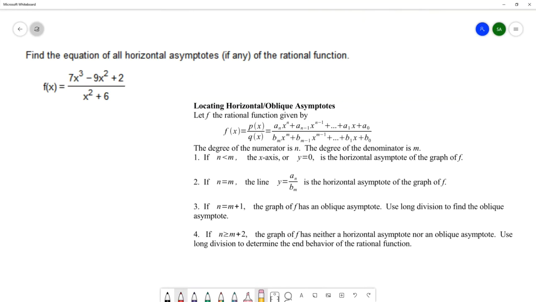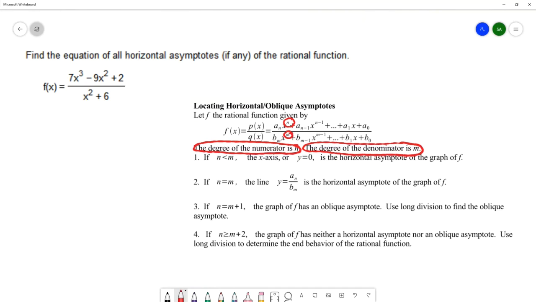Now, these summary of rules are based on the degree of the denominator and the degree of the numerator. So we need to know the highest power on the variable from the numerator and denominator. The degree of the numerator is going to be n, which is the highest power on x from the numerator, and the degree of the denominator is m, which is the highest power on x from the denominator.